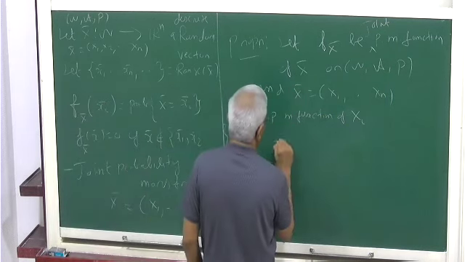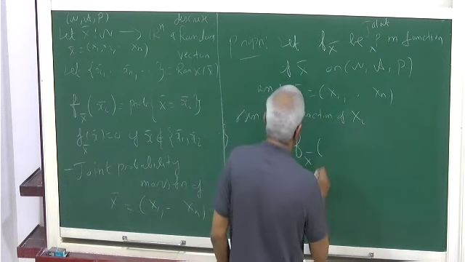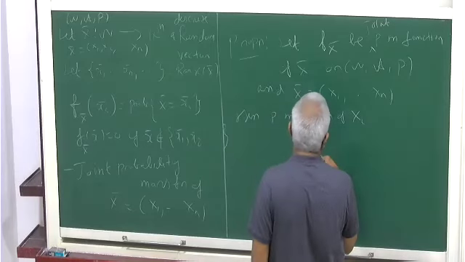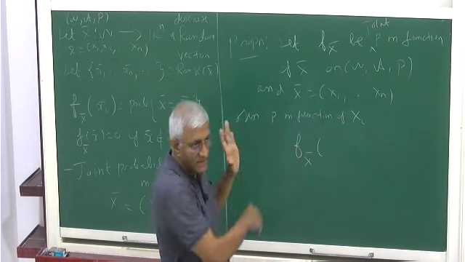The probability mass function of xi is equal to f_x bar of, so you have to fix the i and sum over everything else.